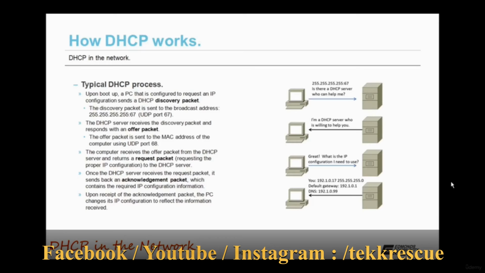Now, this acknowledgement packet contains all of the required IP configuration information. Once the PC receives the acknowledgement packet, the PC changes its IP configuration to reflect the information that it received from the DHCP server. And that's the typical DHCP process in a nutshell.